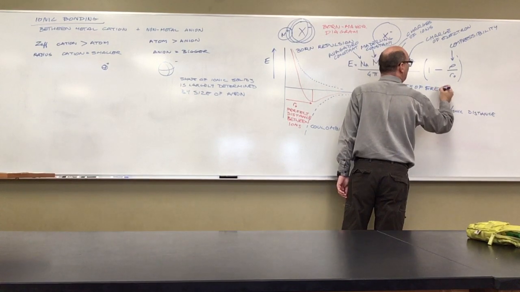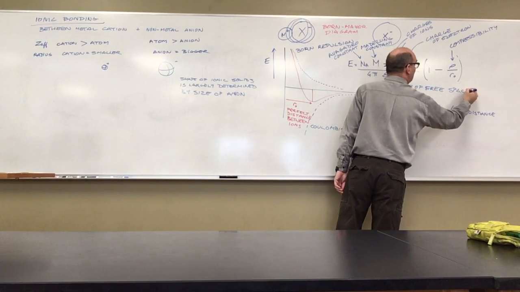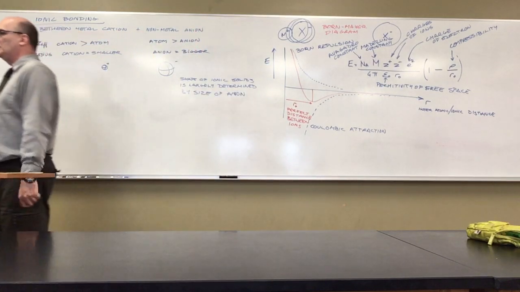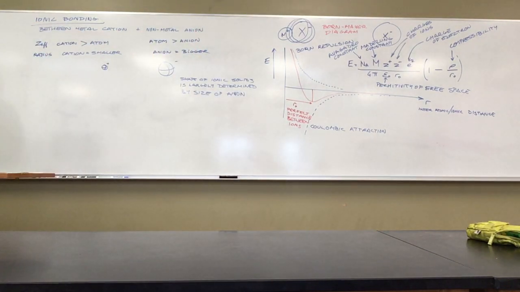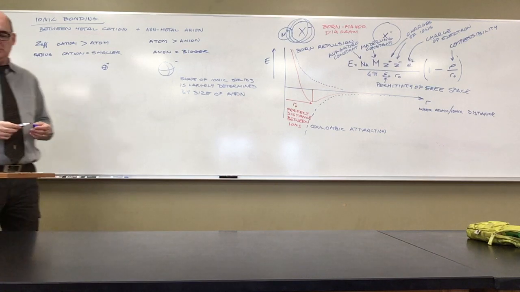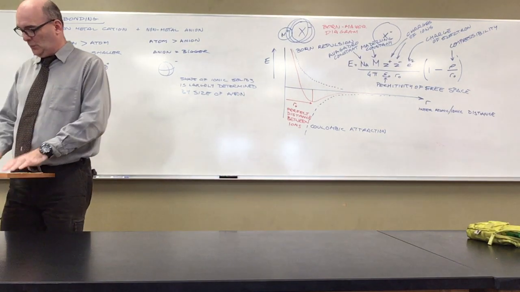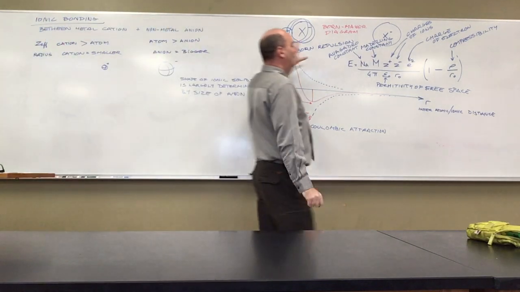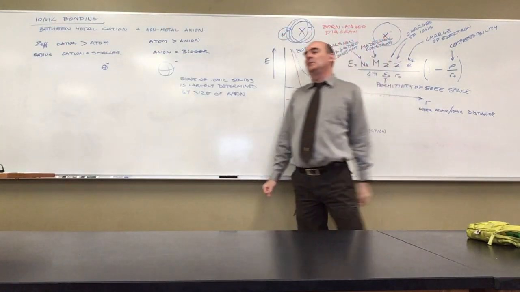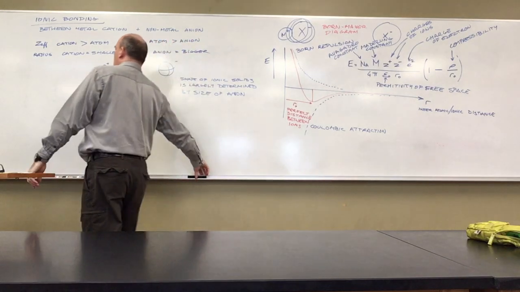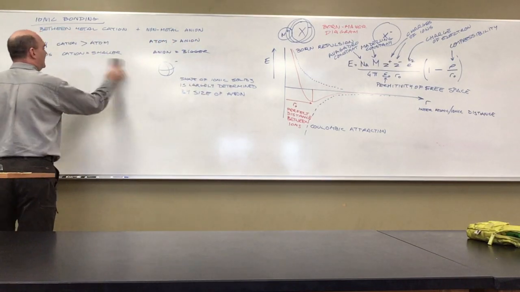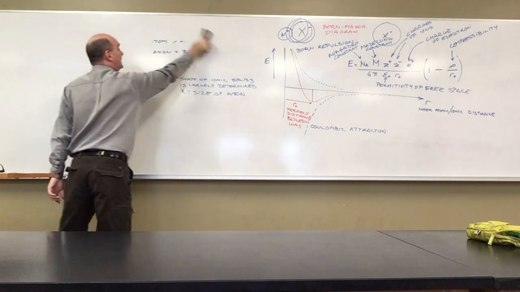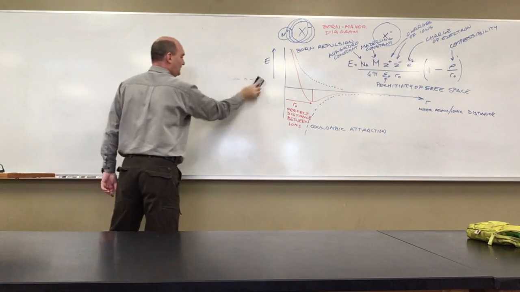Okay? So this measures basically how much charge do I have and how easily can it pass from one place to another. So we're going to see big anions and little cations come together and try to build individual electrostatic attractions and stick to each other.